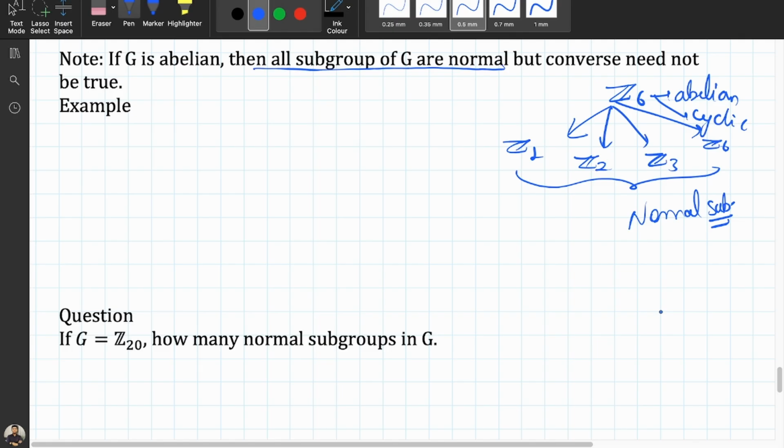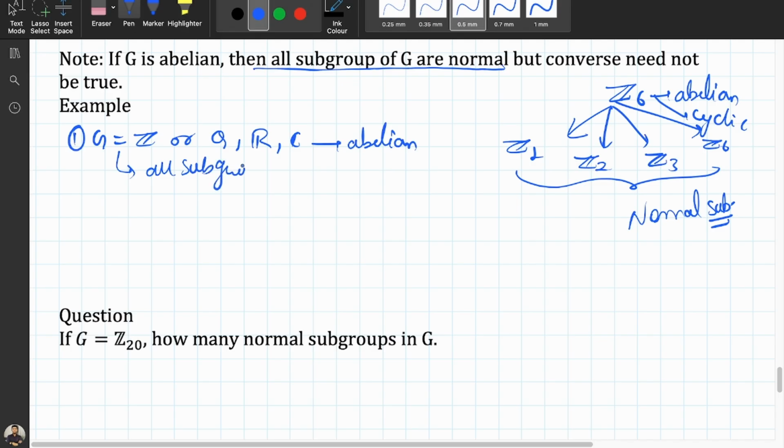Okay, next. You can take so many examples here. Take G as Z, or similar groups. These are all abelian groups, following the commutative property, so all subgroups are normal here also.